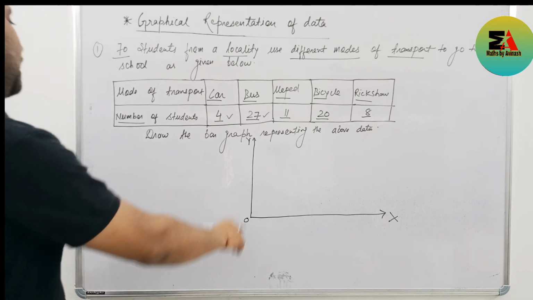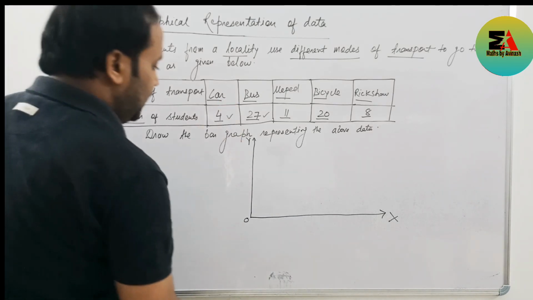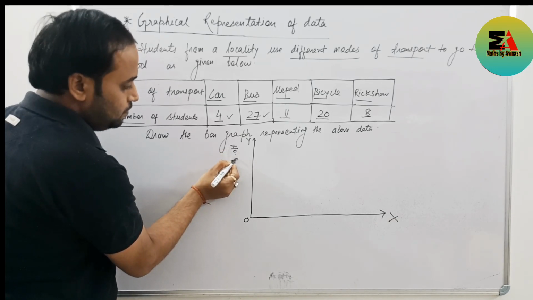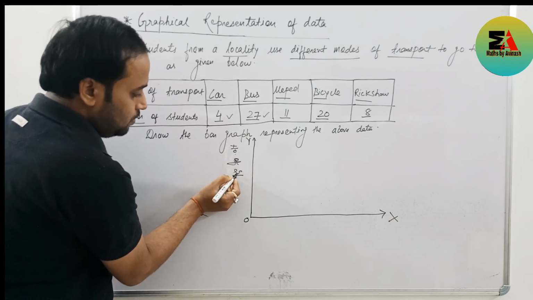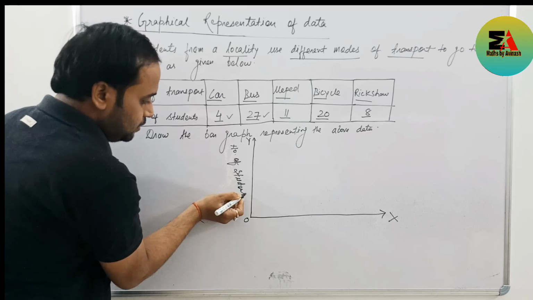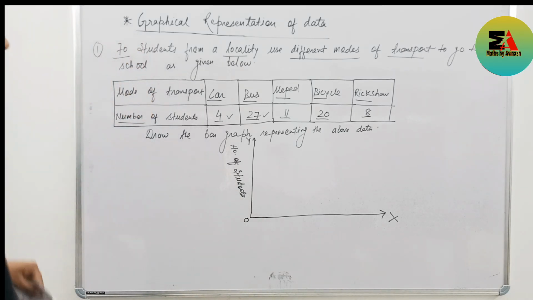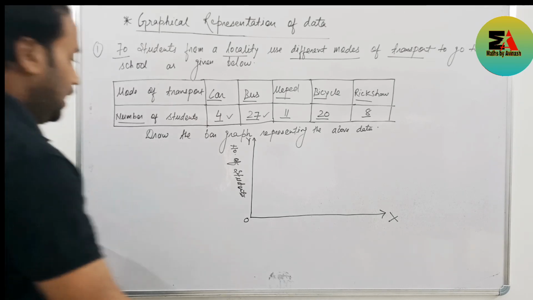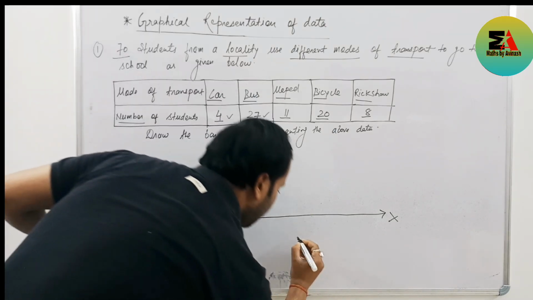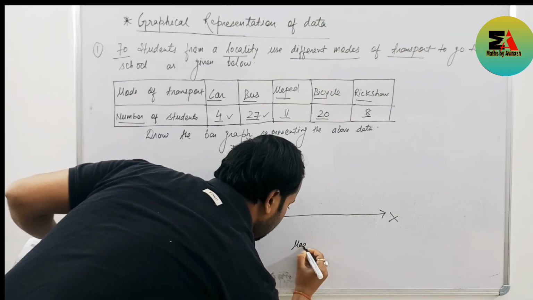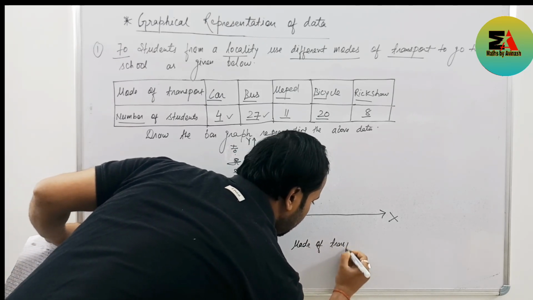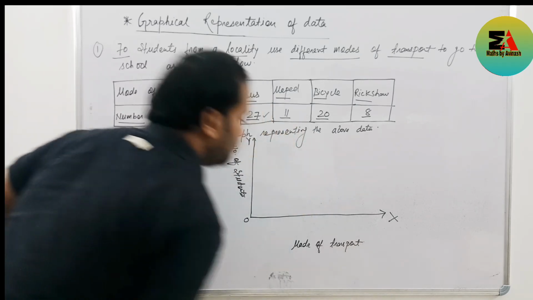We have to present the number of students on the y-axis. Here I have to write number of students. Clear? And mode of transport. This one is mode of transport. Clear?